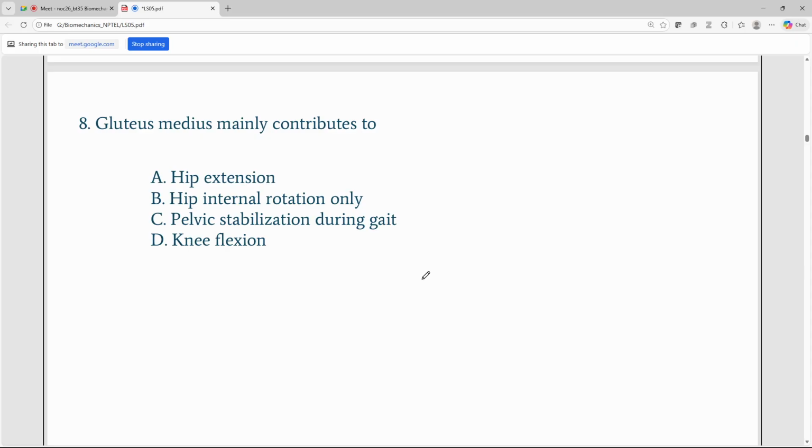Next question. Gluteus medius mainly contributes to which of the following motions? Options are option A hip extension, option B hip internal rotation only, option C pelvic stabilization during gait, option D knee flexion.